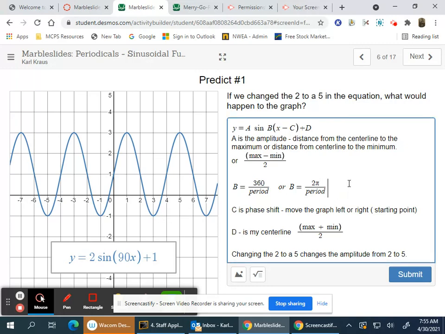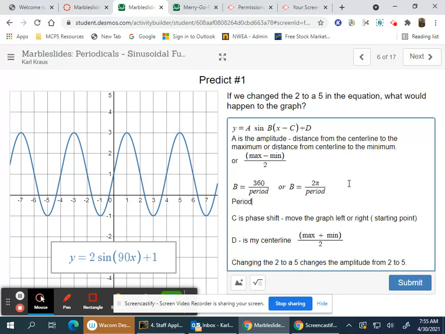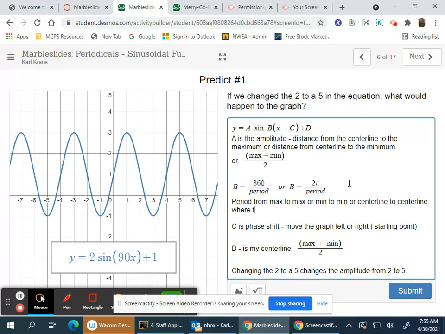Let me write that underneath here. So the period is from max to max, min to min, or center line to center line.